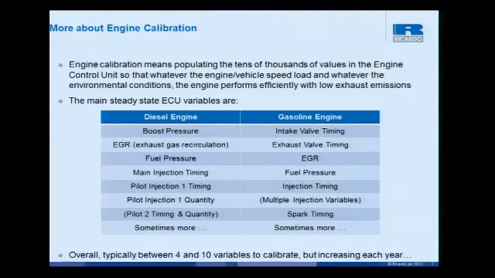The main variables, just to give you an idea of the physics: there are air system variables, which would be boost pressure and EGR, which is used to control emissions. On a petrol engine, you've got air system variables as well, variable valve timing, and also EGR in some petrol engines. And in the fuel system, in a diesel engine in particular, you may have up to 5 injections.